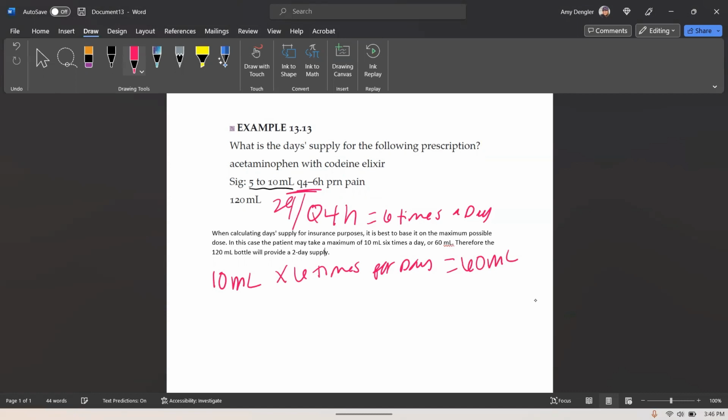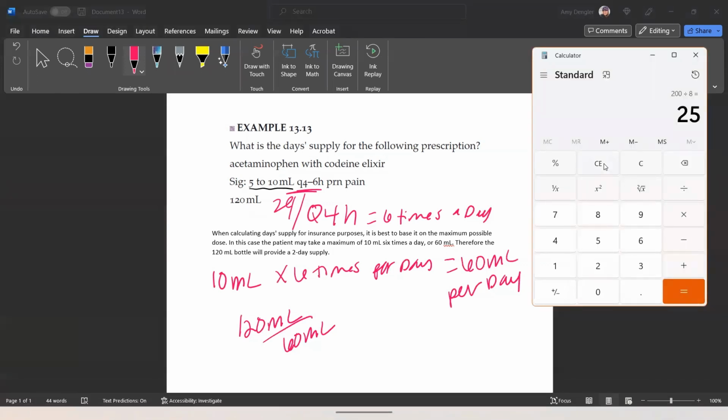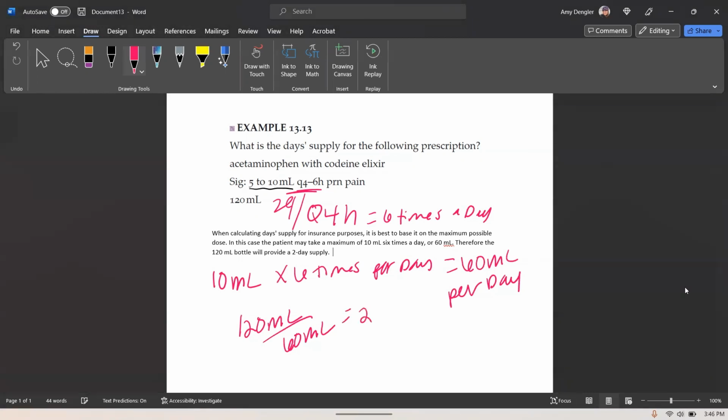They need 60 ml per day. So 120 ml bottle, and they're using 60 ml per day. So 120 divided by 60. That means the day supply for this is only 2 days, which is pretty normal for a pain medication.